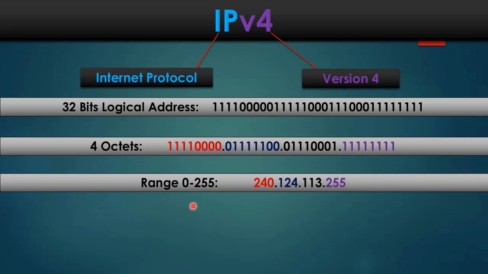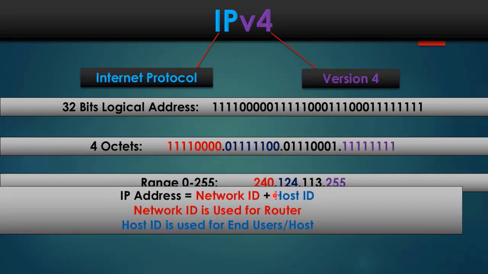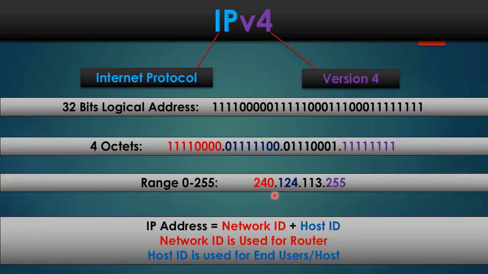We converted the above binary octets into decimal numbers that are more readable for us. An IP address is the sum of network ID and host ID. Network ID is used for the router and host ID is used for the end user or host.